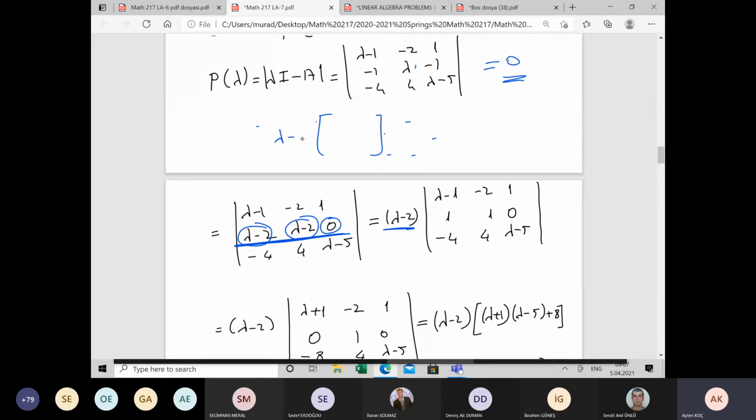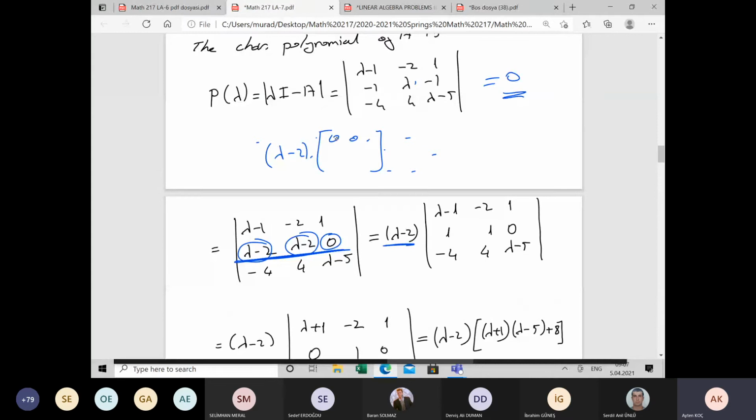Otherwise, it is not possible to write the lambda minus 2 out of the matrix. But for a determinant, it is enough to look at only one row or one column if it contains the same value. So, right here lambda minus 2 times this one. It's okay. Be careful because this one is a determinant, not a matrix.